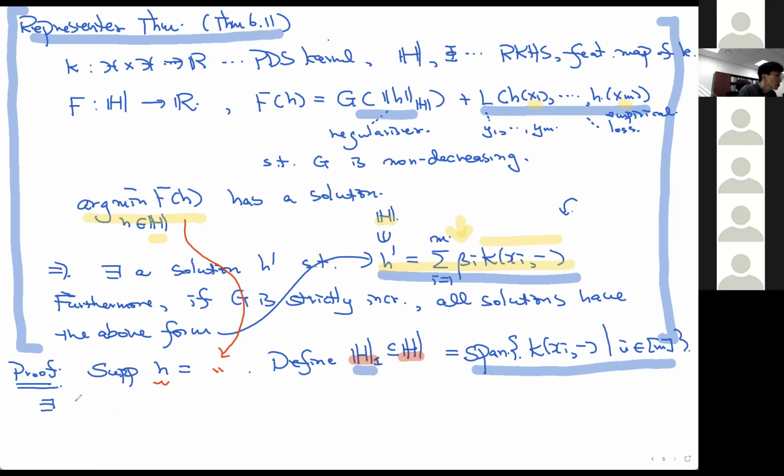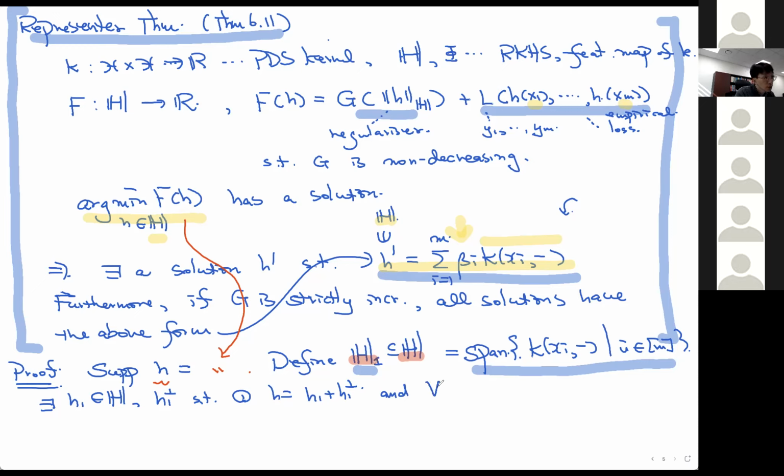And there exist H1 in H1 and H1 perp such that, first, H is decomposed as H1 plus H1 perp, and second, H1 perp is orthogonal to any element in H1.